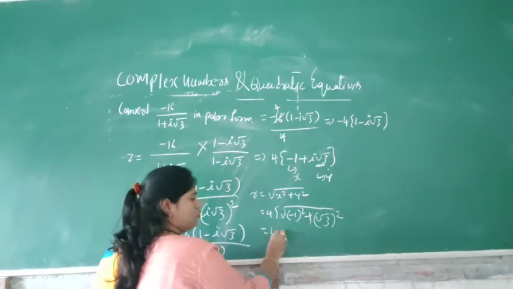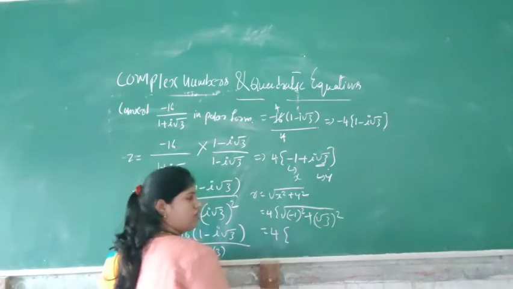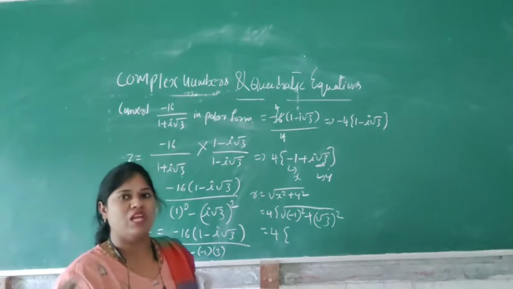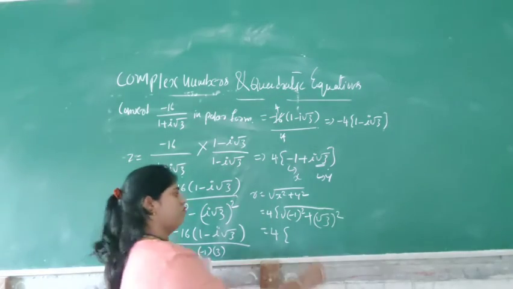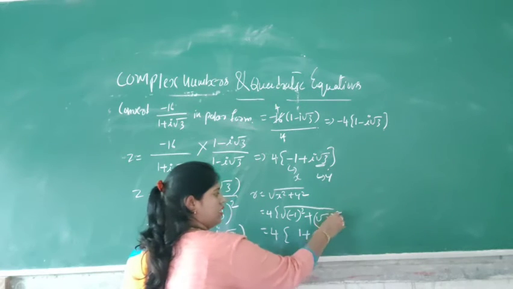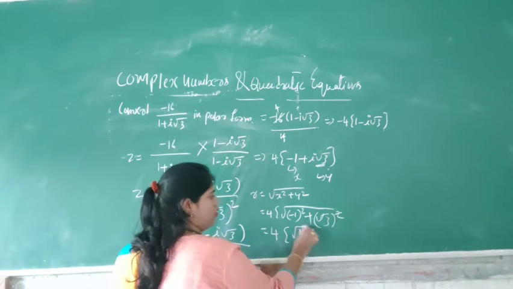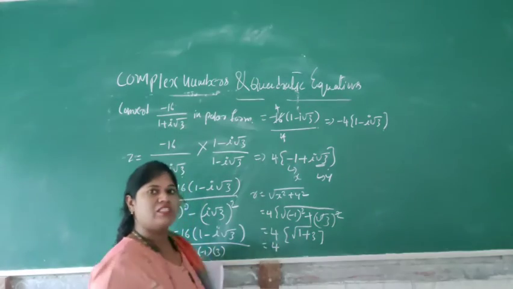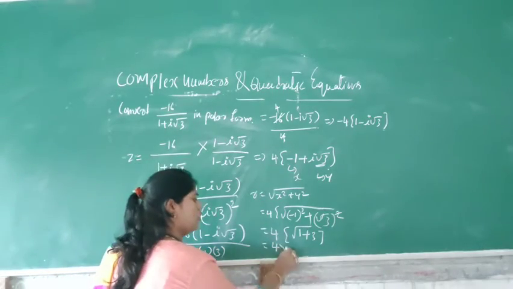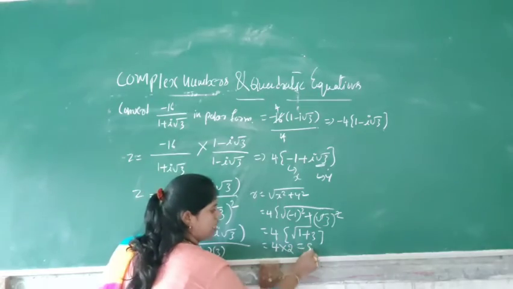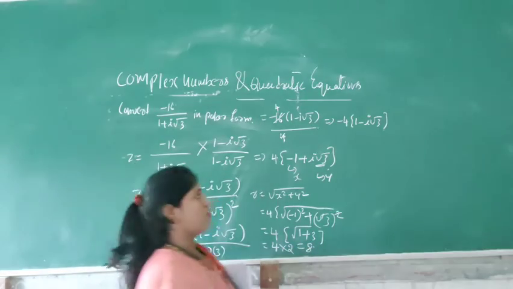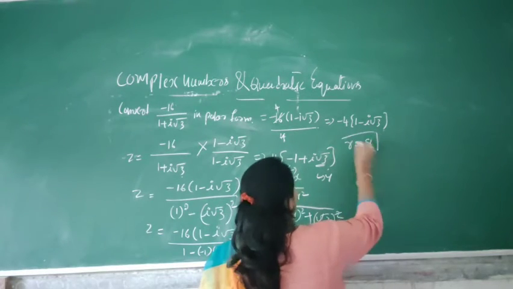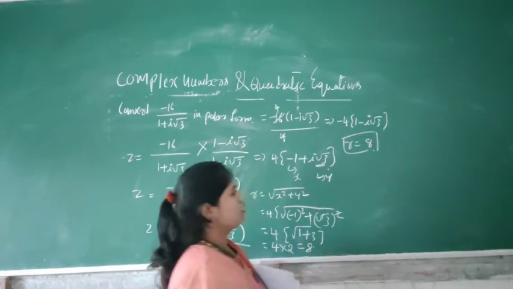So it equals 4 of minus 1 whole square, which is 1, plus 3. 1 plus 3 gives the square root of 4, which is 2, into 2, which equals 8. So r equals 8. We got r as 8.